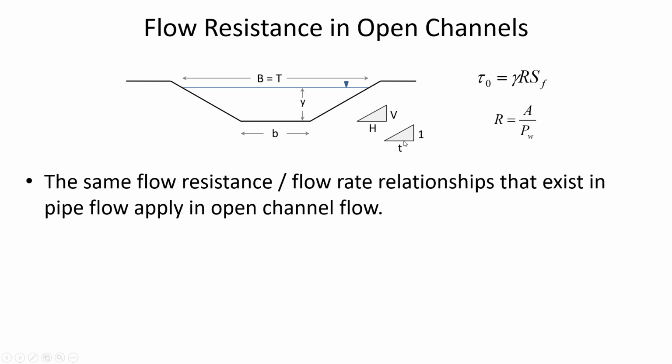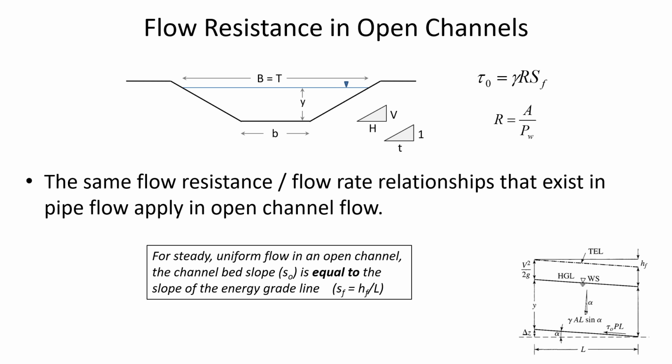If it says t equals 2, that means there are 2 units of horizontal distance for every 1 unit of vertical distance in defining the side slope. So t is just the horizontal component of the side slope, where the vertical component is set to 1. Does that make sense so far?